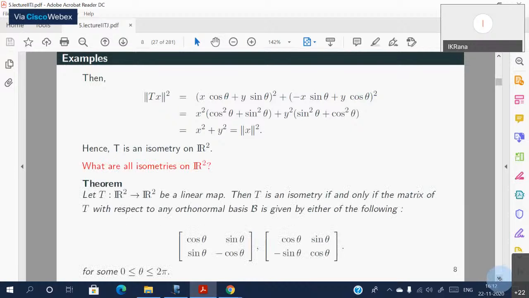So the question is, what are all isometries of R2? Can we characterize all isometries of R2?